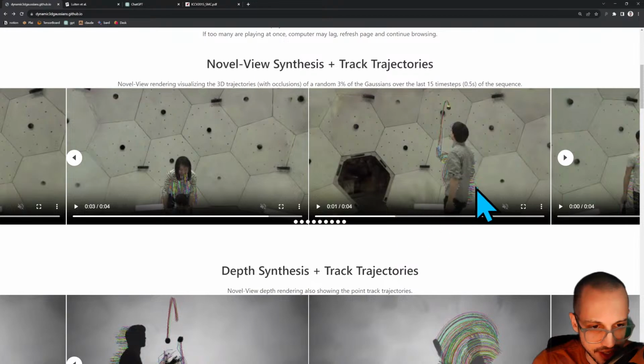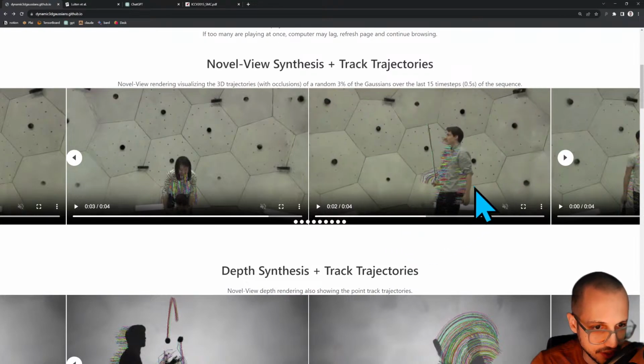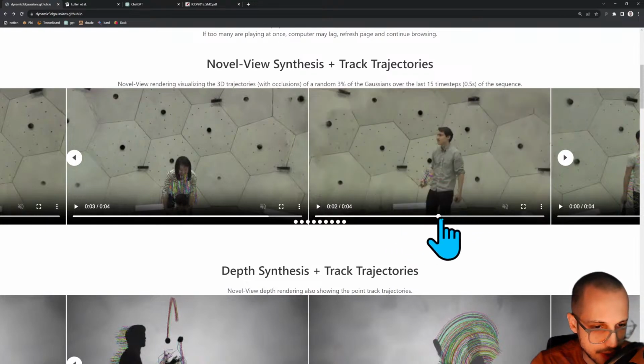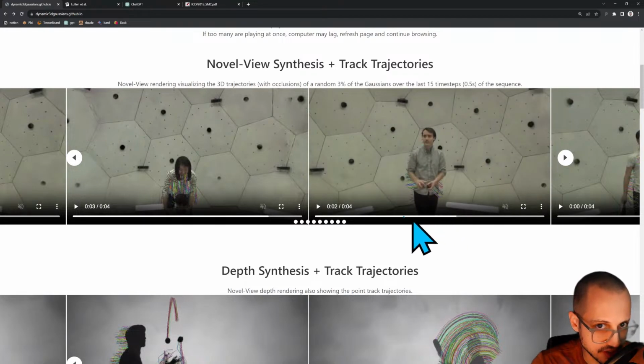What that means is that there's a little Gaussian that represents a specific point in space, maybe the elbow of this guy, and as his elbow moves through the scene, the little trail shows you how that point in space is moving. So it's kind of an interesting way to treat dynamic scenes, right?